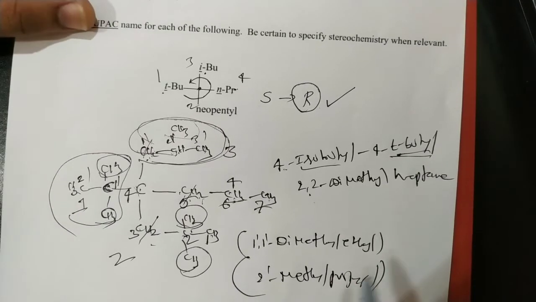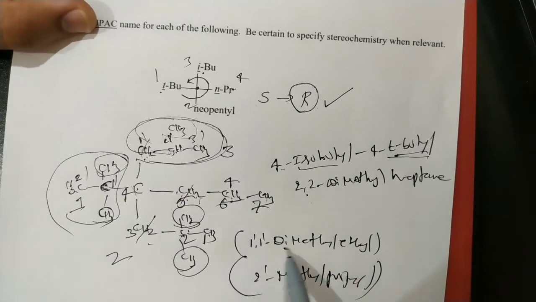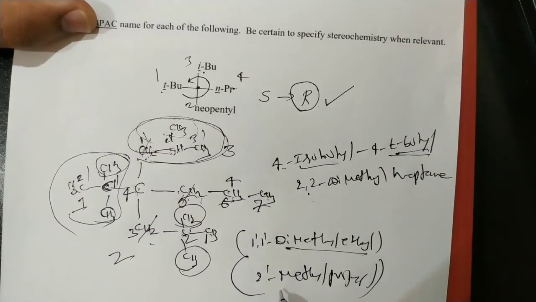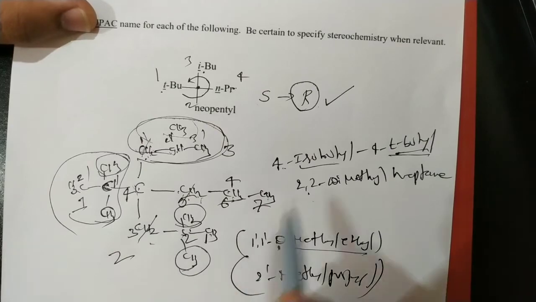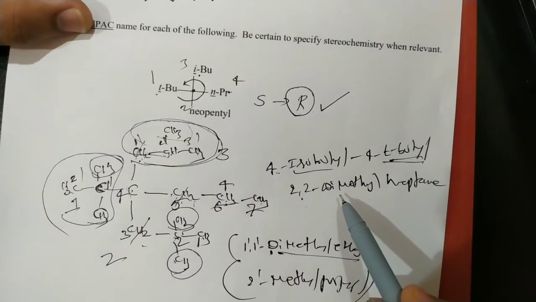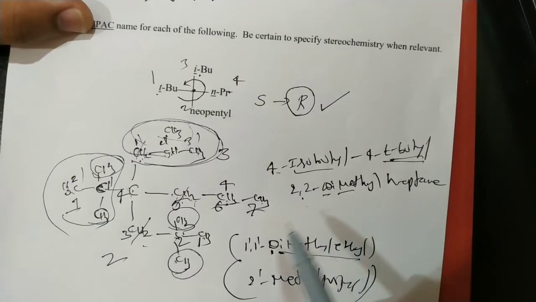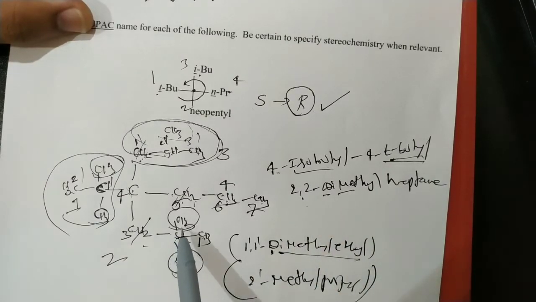So here we have 1,1-dimethylethyl and 2-methylpropyl. Which one comes first in alphabetical order? 1,1-Dimethylethyl comes first, because we have to consider D. In the case of 2,2-dimethyl, we have to consider M in alphabetical order but not D, because what is the name of the substituent?